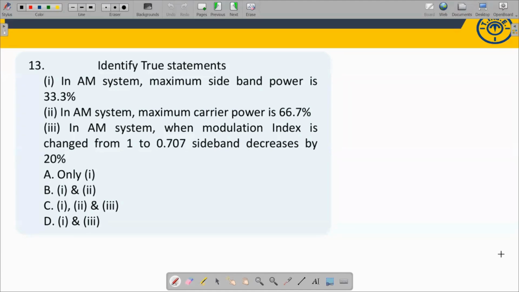Okay, what's the answer? Did you get the answer? Okay.